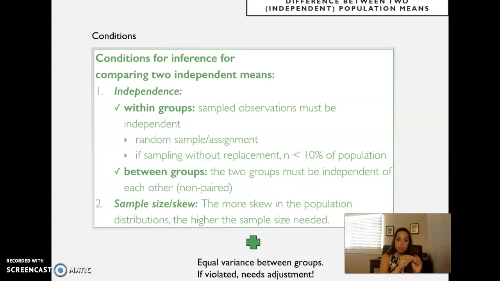So within each group, the participants need to be independent from each other. I cannot have a bunch of snackers in one group and a bunch of people that don't like snacks very much in the other group, right? The probability of the amount of snacking of one person should be independent of the probability of the amount of snacking of the other person within the groups.